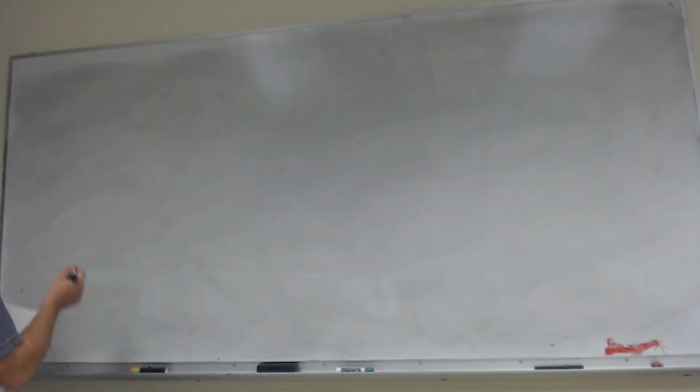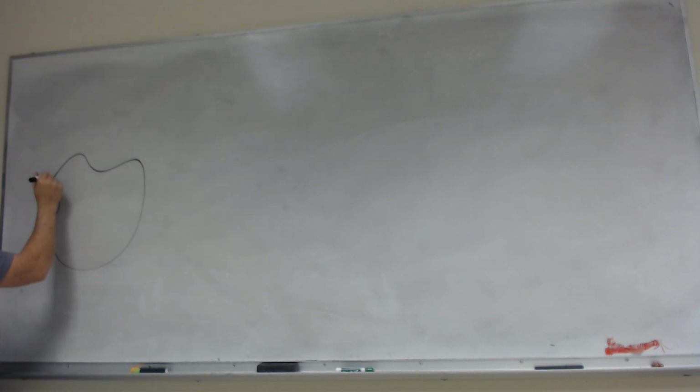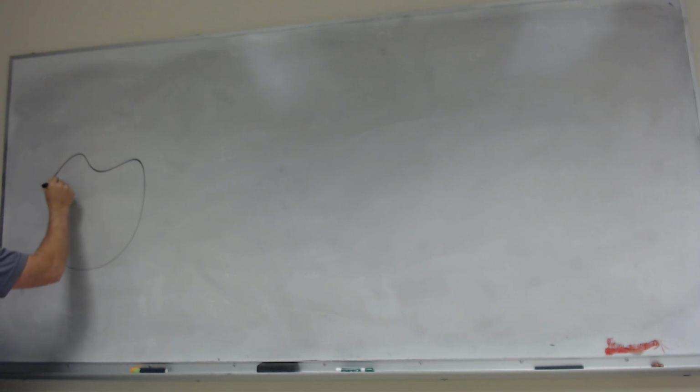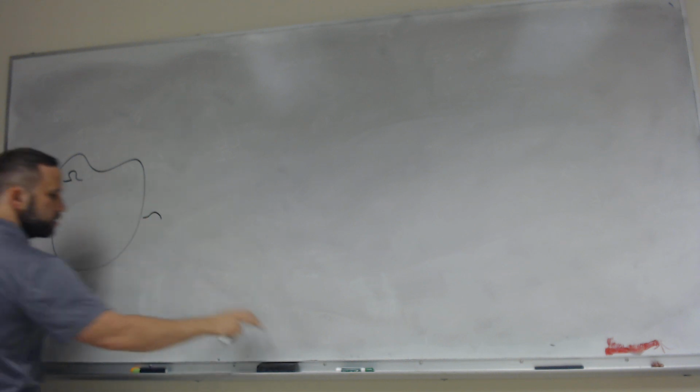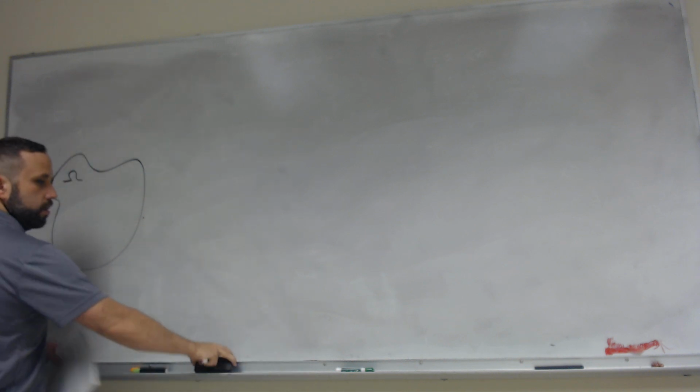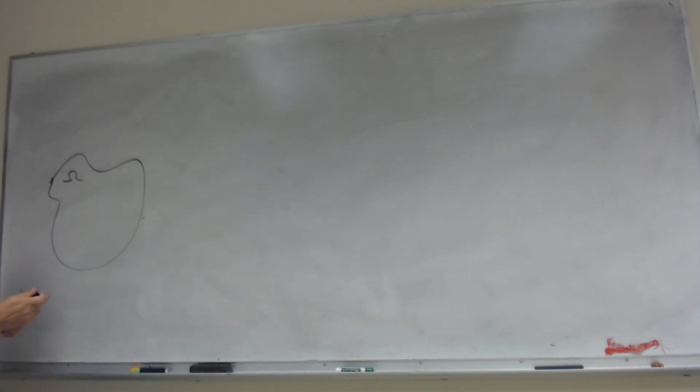Okay, so let's start with Green's theorem. The setup is the following. We have some domain omega. The curve that bounds it is called the boundary of omega, and we have a special symbol for it.